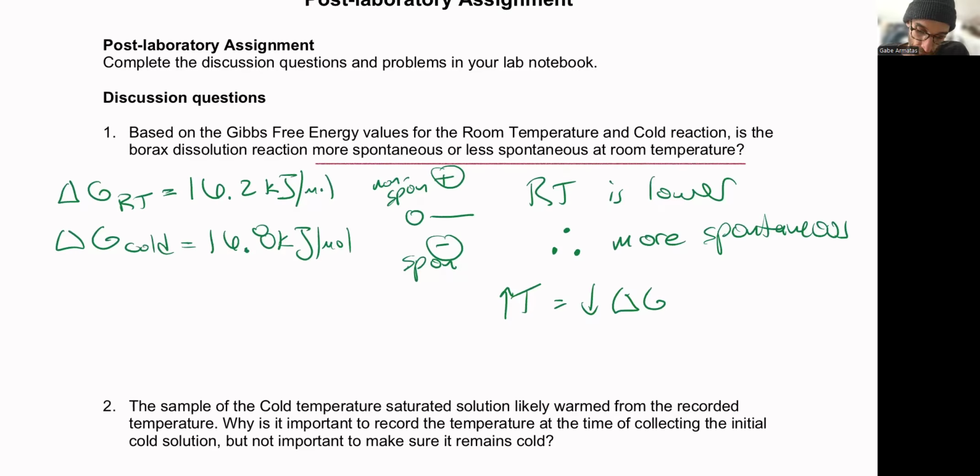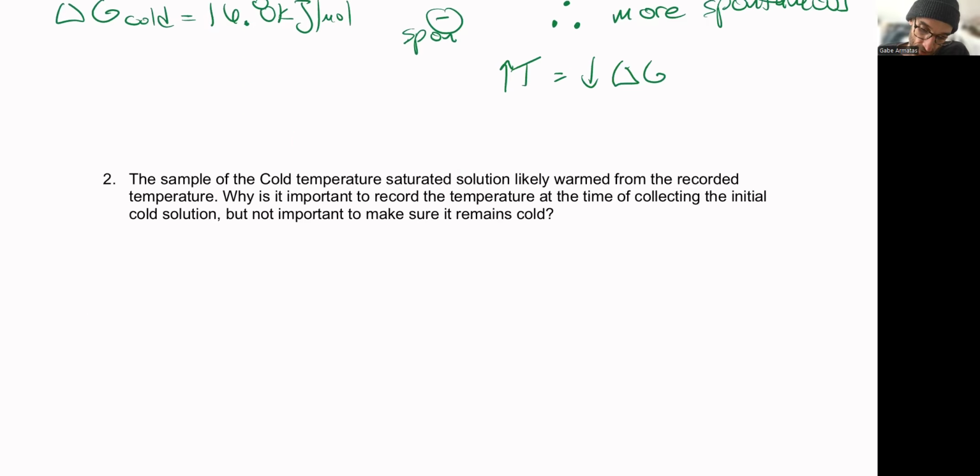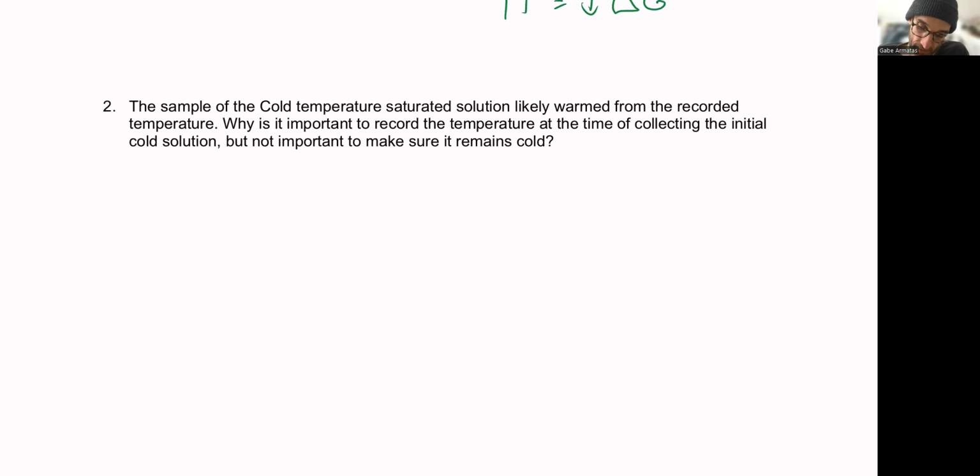All right. The sample of cold temperature saturated solution likely warmed from the recorded temperature. Why is it important? Okay, so here we go. If we think about how we did this, we have our little flask and we have our cold water.